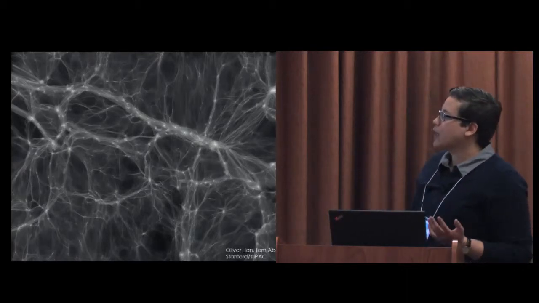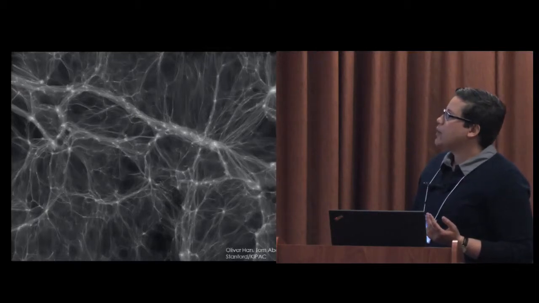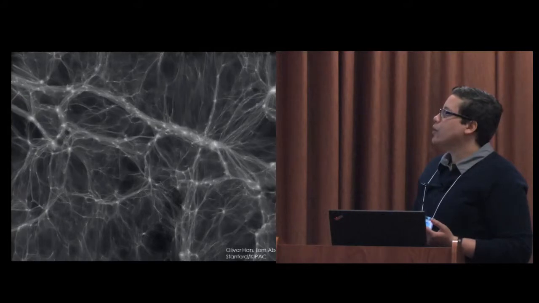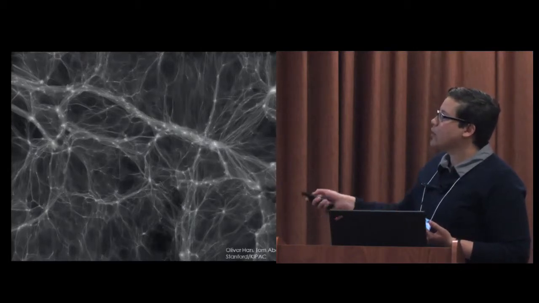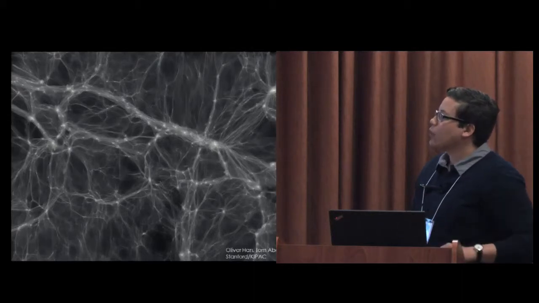On the largest scales, you can see that we need to have a big enough volume that we're able to have a representative section of the universe. You don't want to be selecting a region that's too underdense or too overdense if you're trying to look at isolated dwarf galaxies or Milky Way type galaxies.